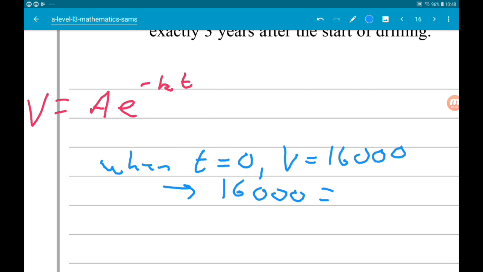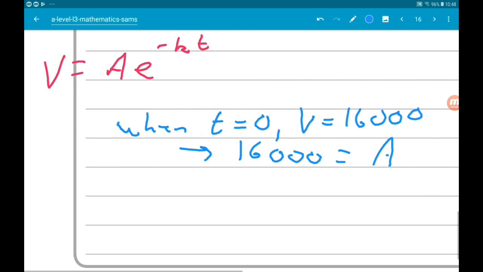So 16,000 is A. So up to there, we can now say that V equals 16,000 e to the minus kt.